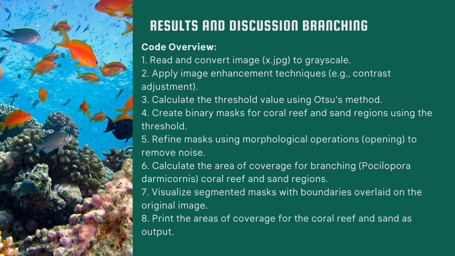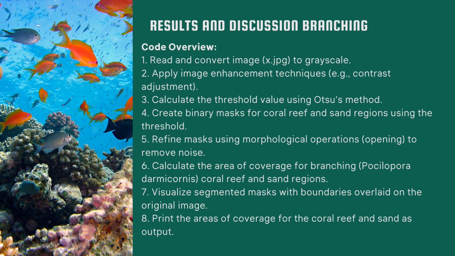Furthermore, for the result and discussion of branching, the code overview of our project is as follows. The first one is to read and convert the image, whether picture 1, picture 2 or picture 3, commonly x.jpg, to grayscale. The second one, apply an image enhancement technique, for example contrast adjustment. The third one is to calculate the threshold value using Otsu's method. The fourth one is to create a binary mask for coral reef and sand regions using the threshold.